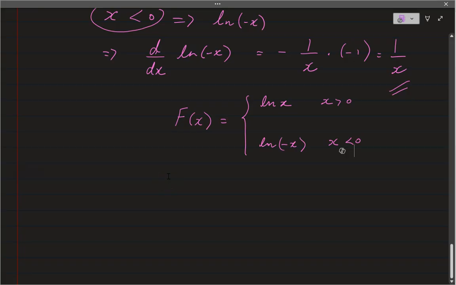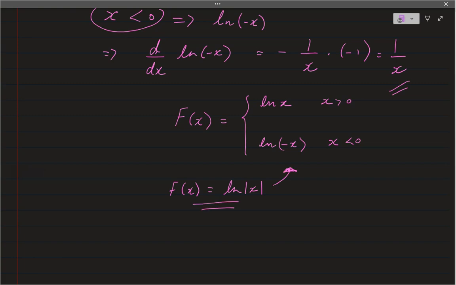Okay, and another way of writing that is actually this way, if you are okay with that. And this is ln of the absolute value of x, because the absolute value of x will give you the two possibilities that I just explained, but this is the short form for that.